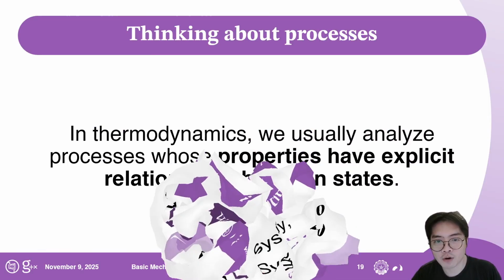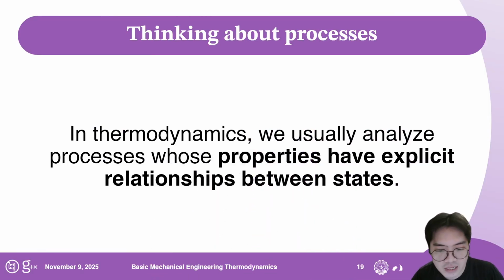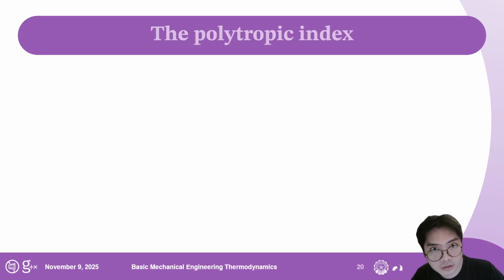Okay. And now that we've said all of those things, we can now properly redefine a couple of different things. In thermodynamics, we usually analyze processes whose properties have explicit relationships between states. In other words, yes, there are formulas floating around out there that take us from the initial to the final pressure, from the initial to final temperature, and so on and so forth.